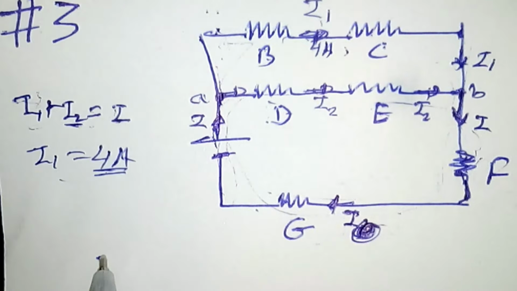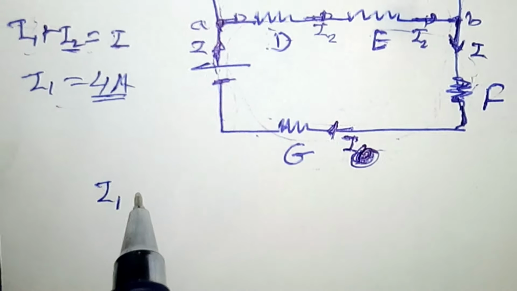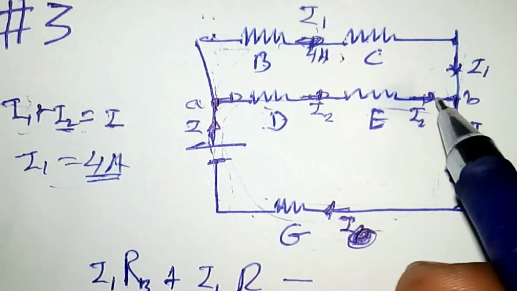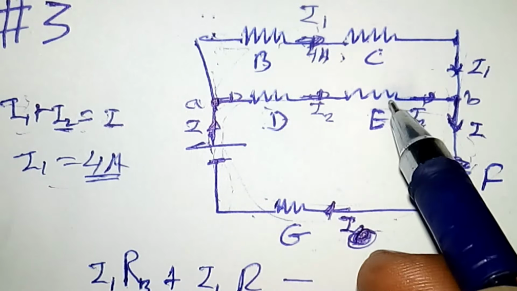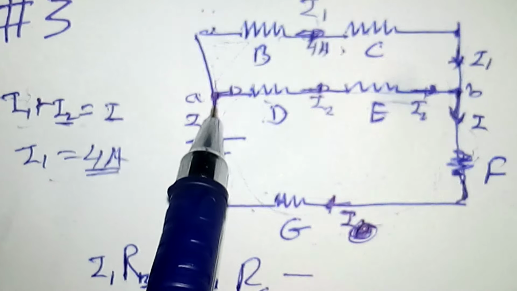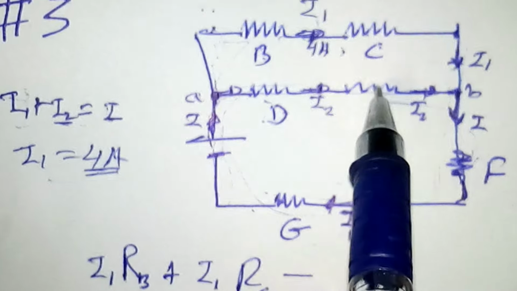So the current I1 and the resistor RB plus the current I1 and resistor RC, minus, I take this as a minus because I'm moving against the current. If I take this loop, I'm moving against the current because I assumed initially the currents are moving in this direction.